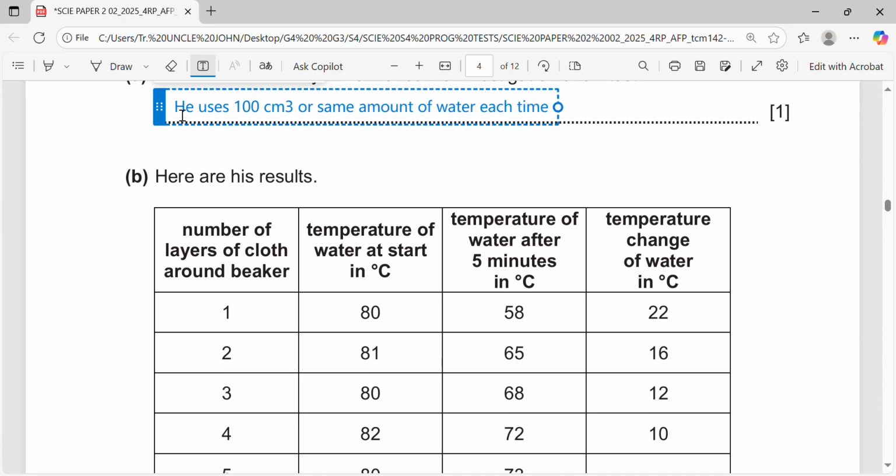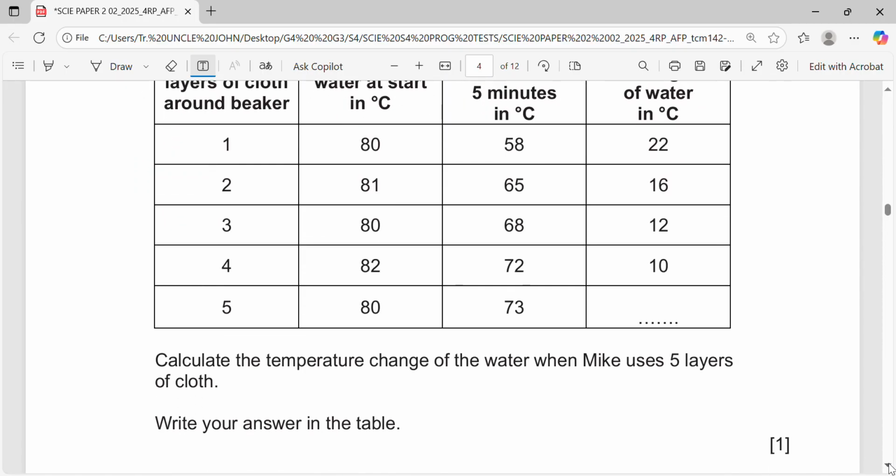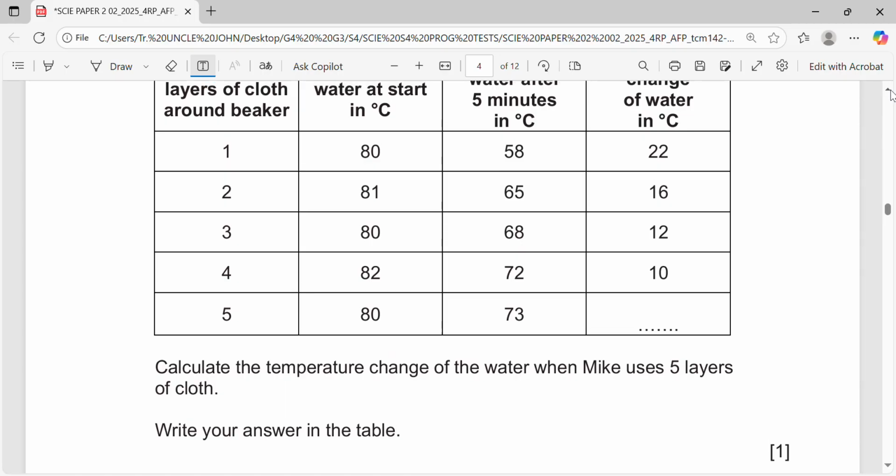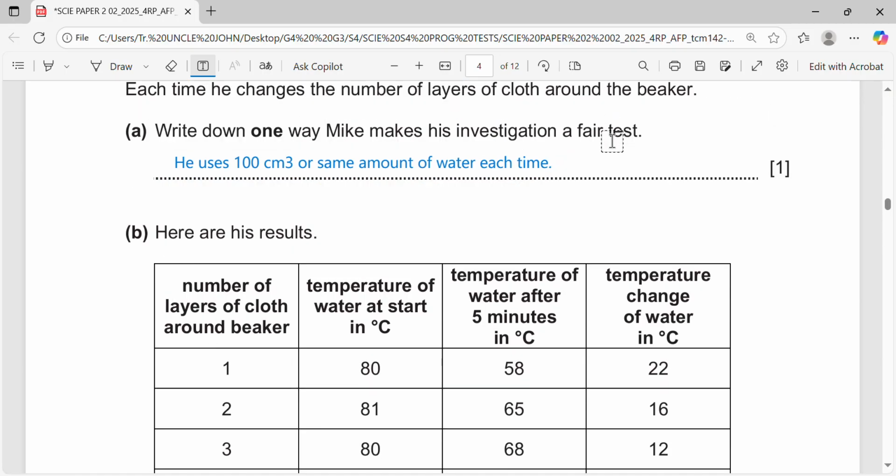Use the same amount of water each time. He uses 100 cubic centimeters, or you can say he uses the same amount of water each time. Then you come to the next, that is B.